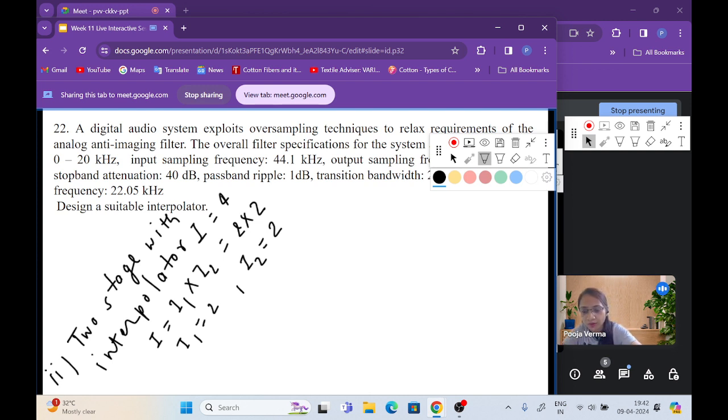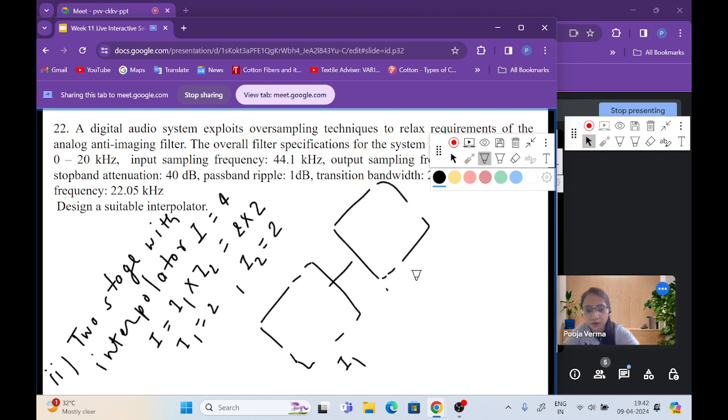So what will be the? This is I1 or stage 1. Then it will move to the stage 2, that is I2. In the stage 2, in the interpolator or any filter, what are the sequences?